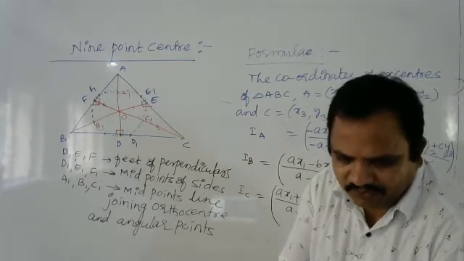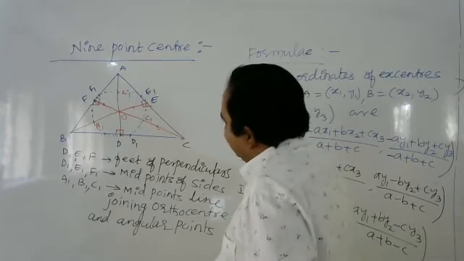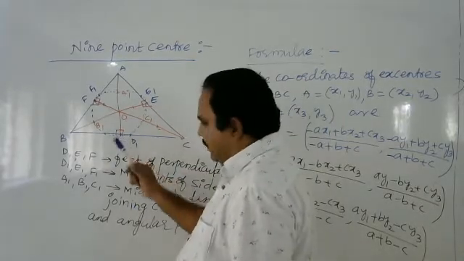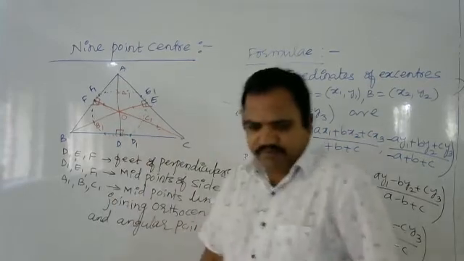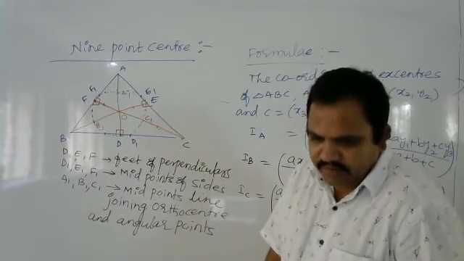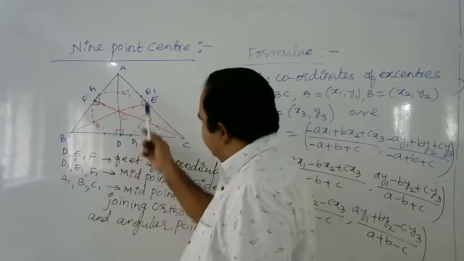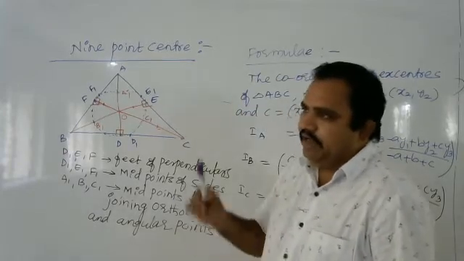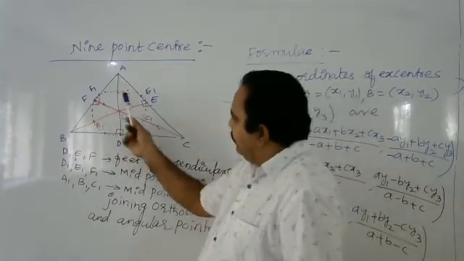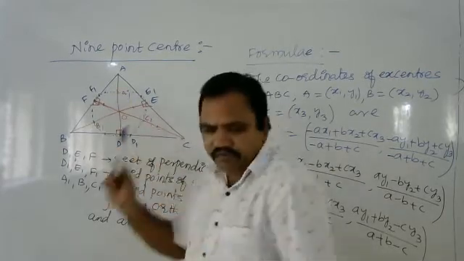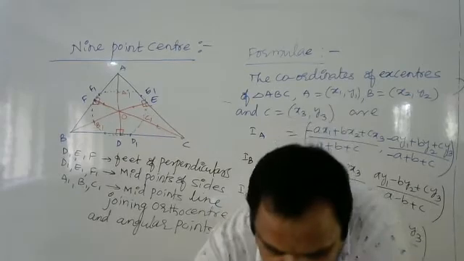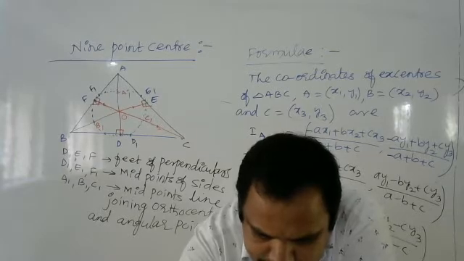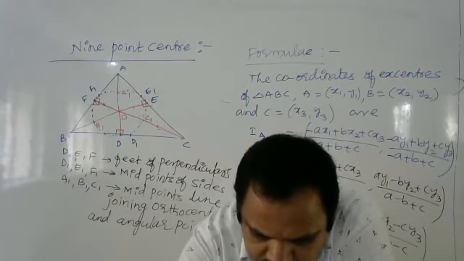Are you able to see? You have to see it passes through first the feet of the perpendiculars D, E, F. Next the midpoints D1, E1, F1. Next the midpoints of the lines joining the orthocenter and angular points: here A1, here B1, here C1. Are you looking at this?